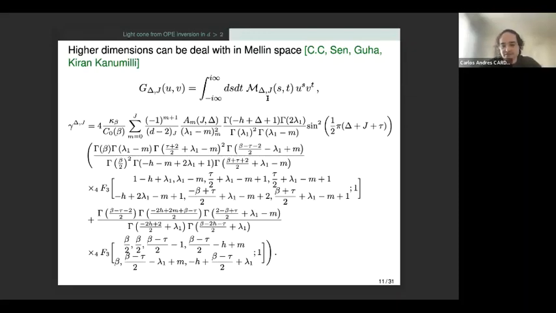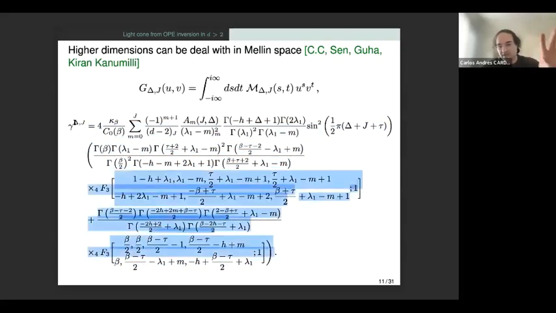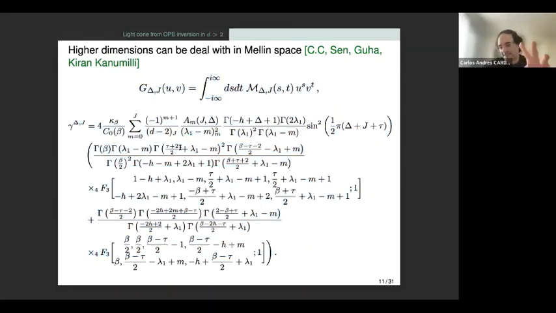That's the only constraint. So that means that any conformal field theory that has this property, and only that property, will have, in the large spin limit, an anomalous dimension that will look like this.